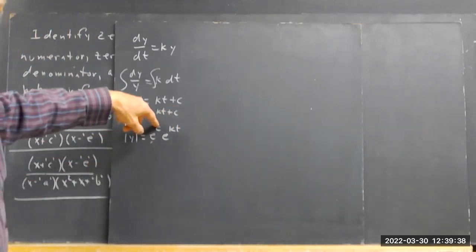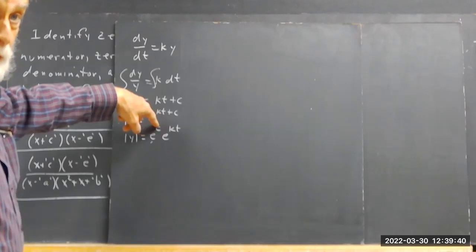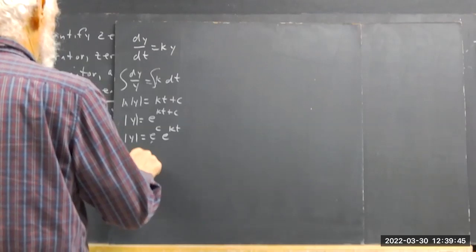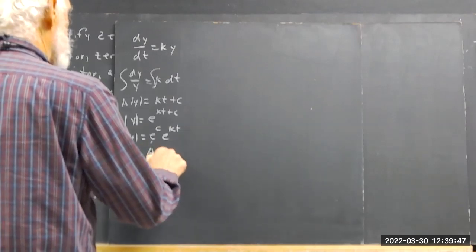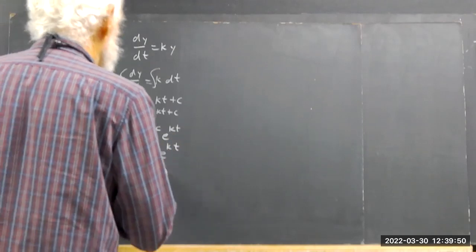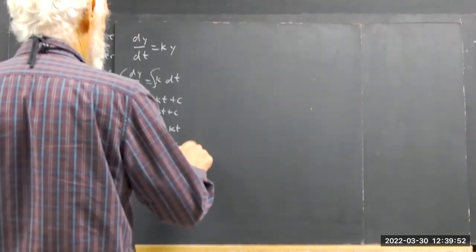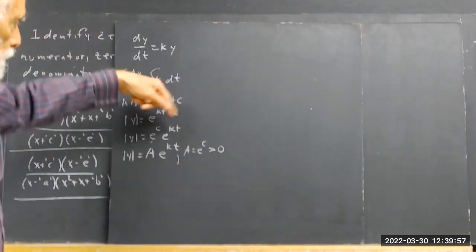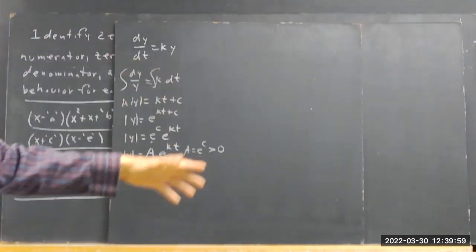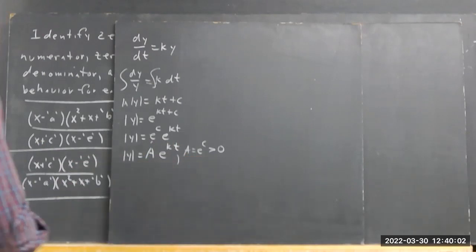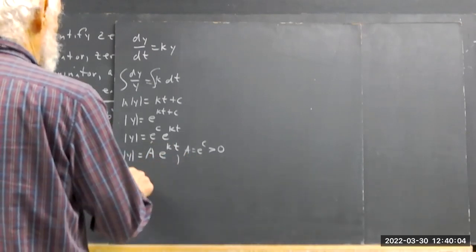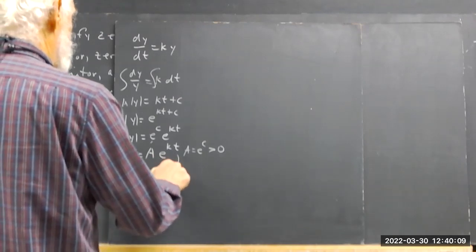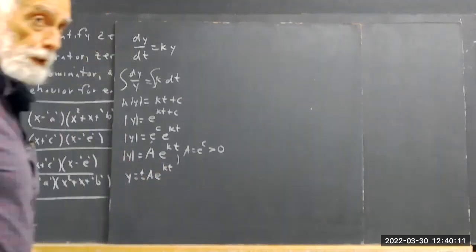So e to the c can be any number as long as it's positive. So instead of having an e to the c, I'm going to write a, which is e to whatever your integration constant was. It's got to be greater than 0. Of course, this is the absolute value of y, so y is plus or minus a e to the kt.